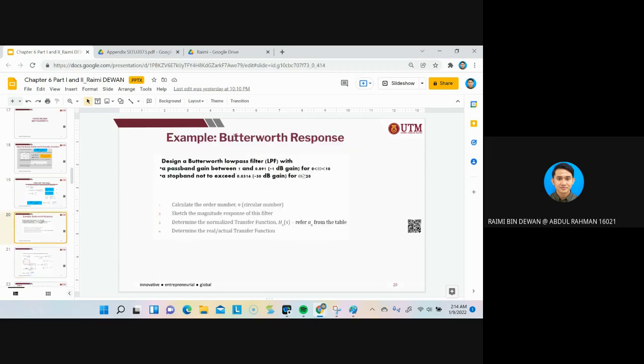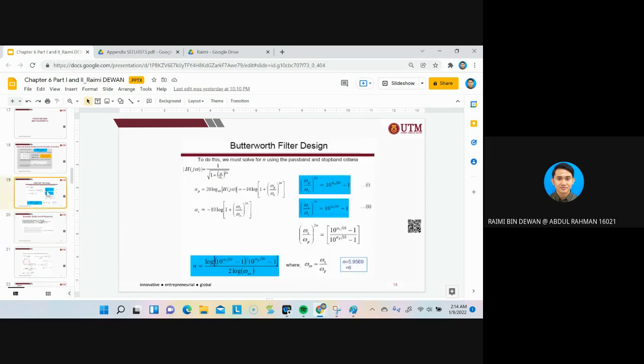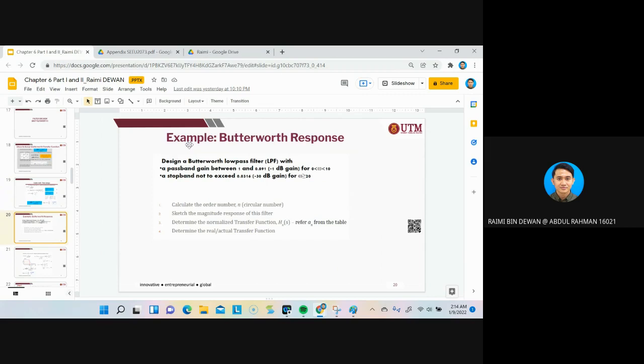Okay, so we go to the examples. You can go through this yourself because it's the same as the appendix. Example, Butterworth response: design a Butterworth low pass filter, LPF, with a pass band gain between 1 and 0.891, that is negative 1 dB gain, for 0 to omega 10.